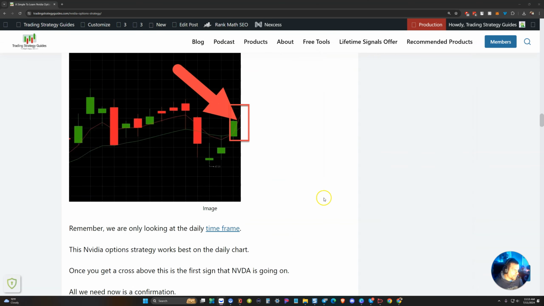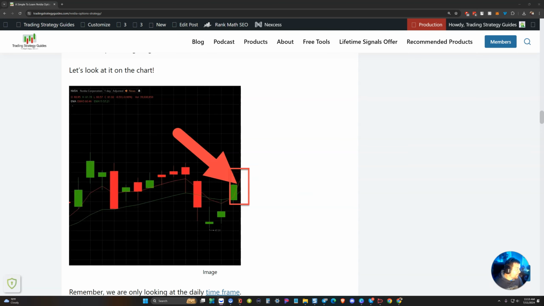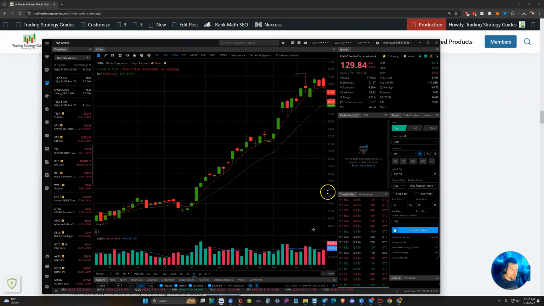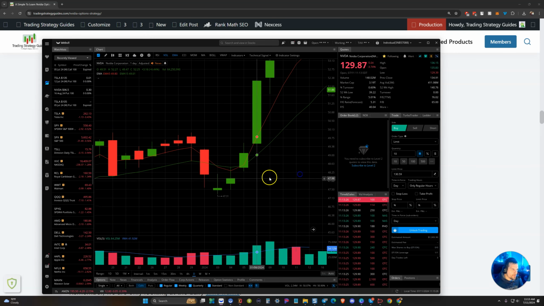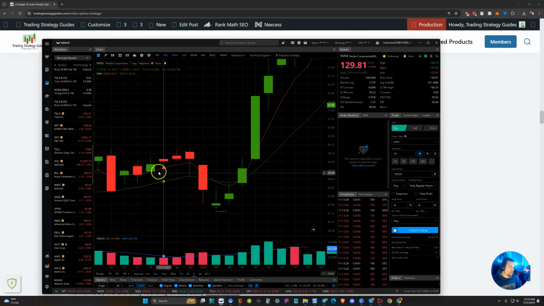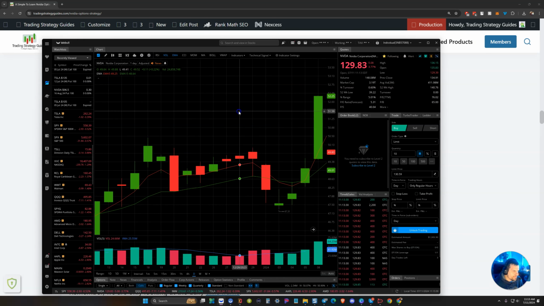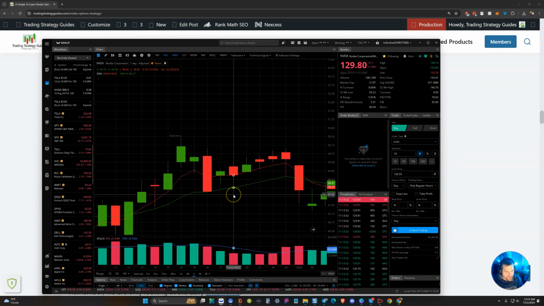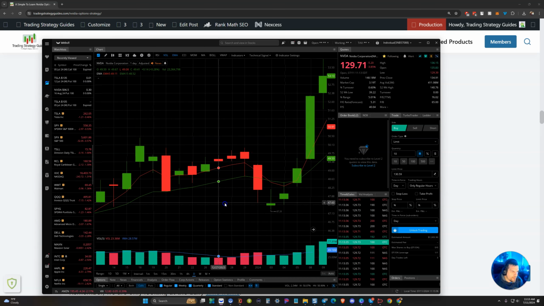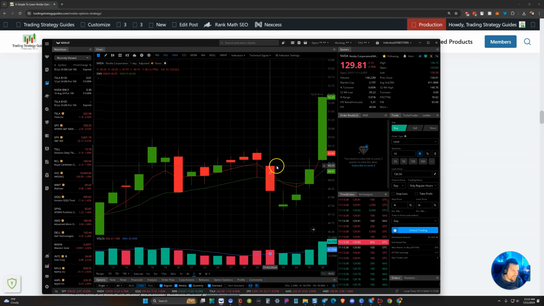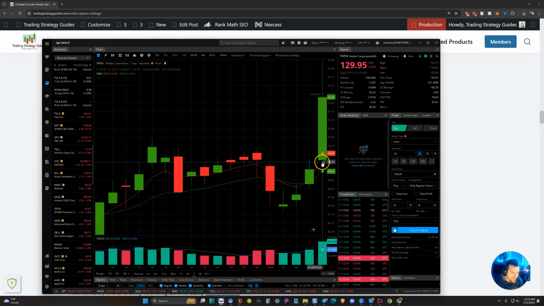So the first rule is it must cross above. Let's go over to the chart here and zoom up to our example in this article. Say this is price action right here. This is going back in time, but we're coming all the way up here and we see that this candle isn't quite above the moving average.